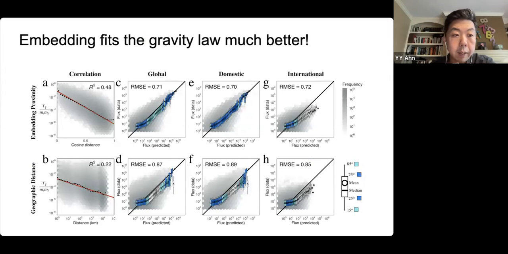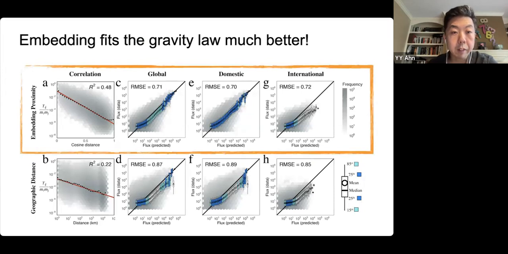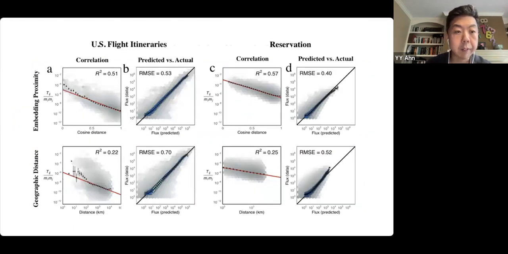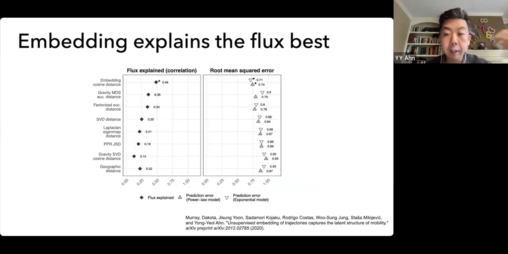But if you use embedding proximity to calculate that expectation, you get much better prediction. And you can get the same result with two very different data sets as well. And it's even better than directly optimizing for the gravity law, where we place all these institutions so that we optimize the gravity law.